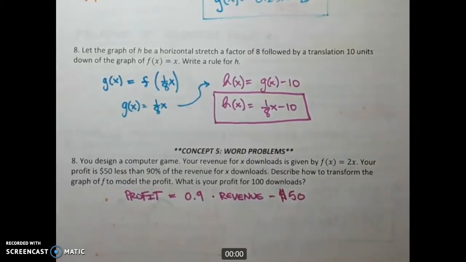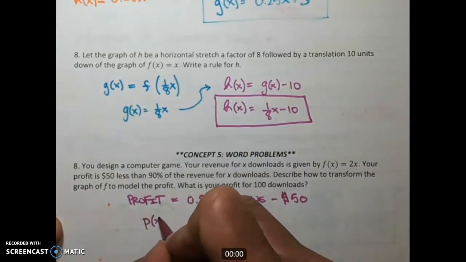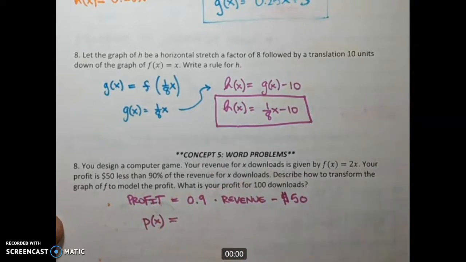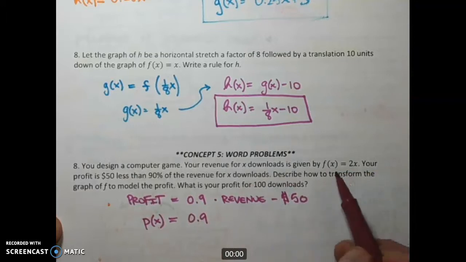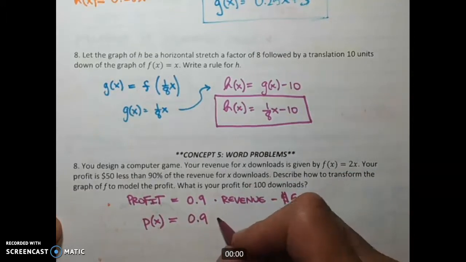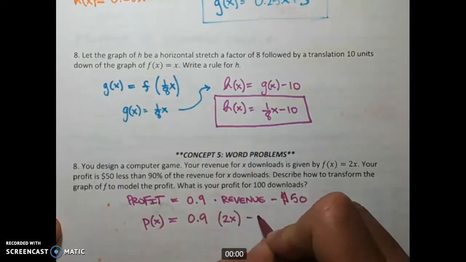Again, I'm really following order of operations here, right? Now I'm going to change my profit to P of x to make it function-like. I'm going to keep my 90%. And now what's my revenue? Well, it's really this f of x equals 2x. So I'm going to replace that with 2x and minus 50.